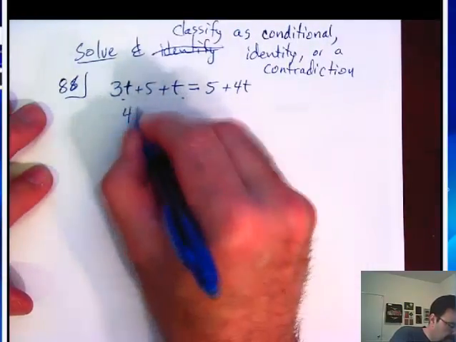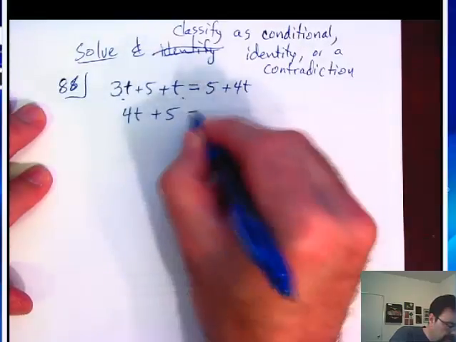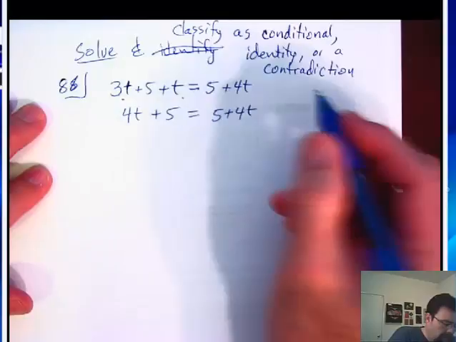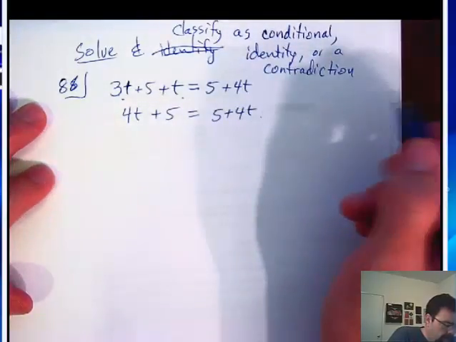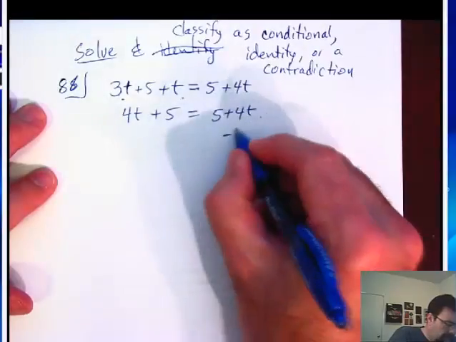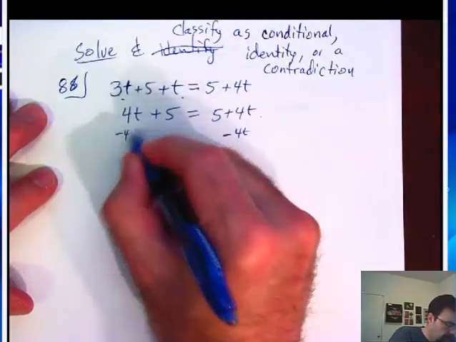So we're going to combine like terms, simplify both sides. Okay. Then, or next up, get all the t's on one side. So I'm going to subtract 14.